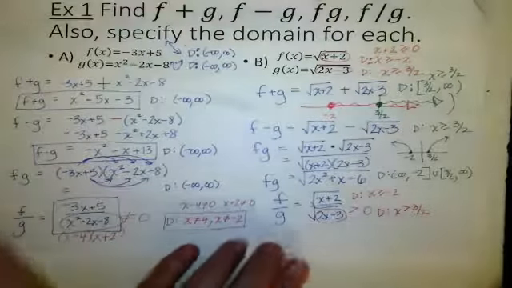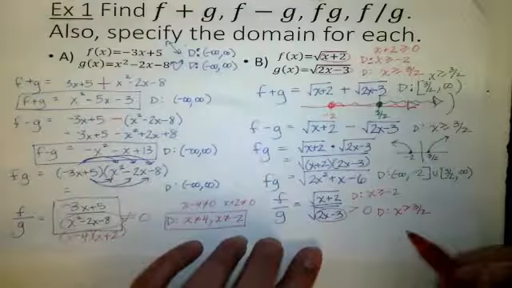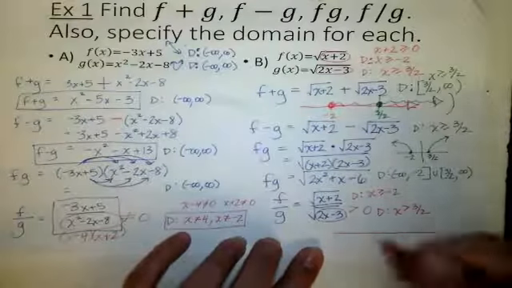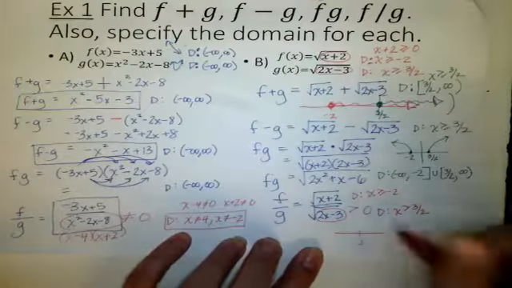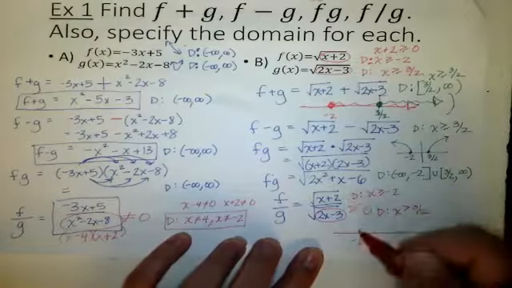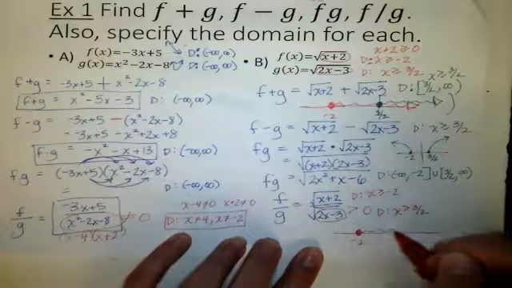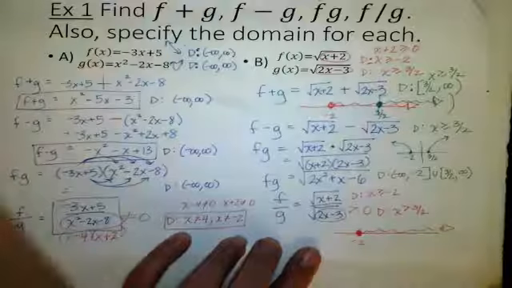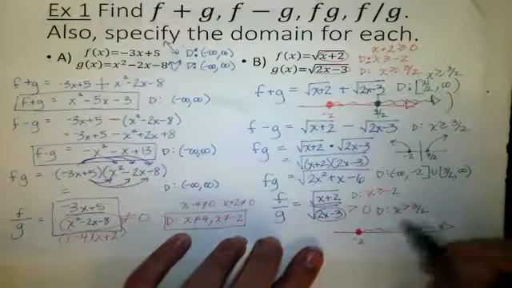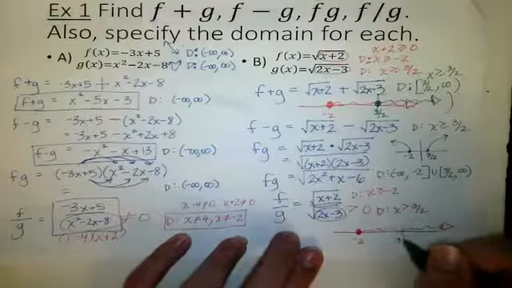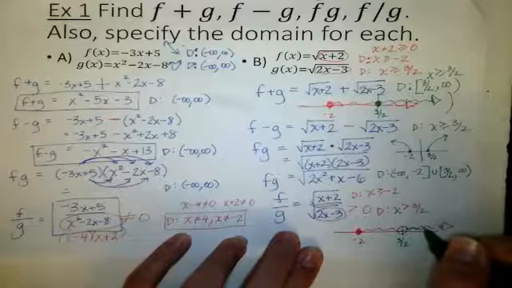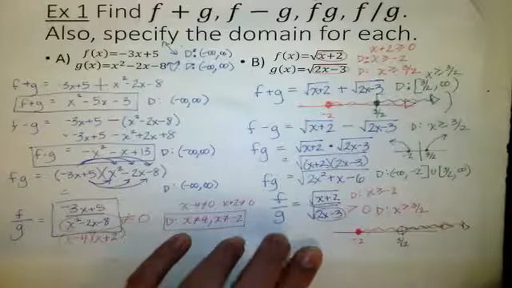Okay, so once again, we have a combo domain. The domain of that numerator says you got to be bigger than -2, but the denominator says you got to be bigger than 3/2.